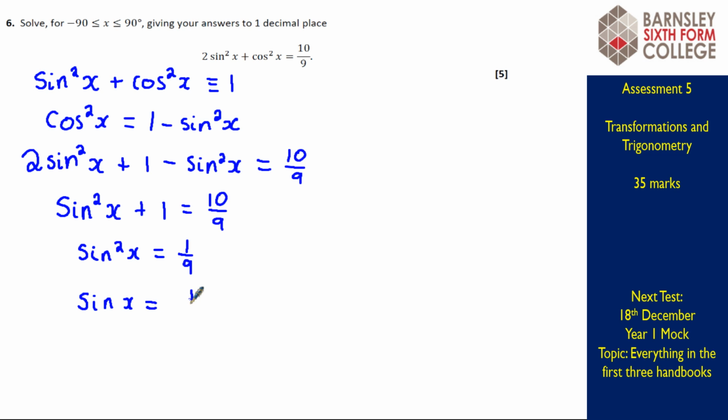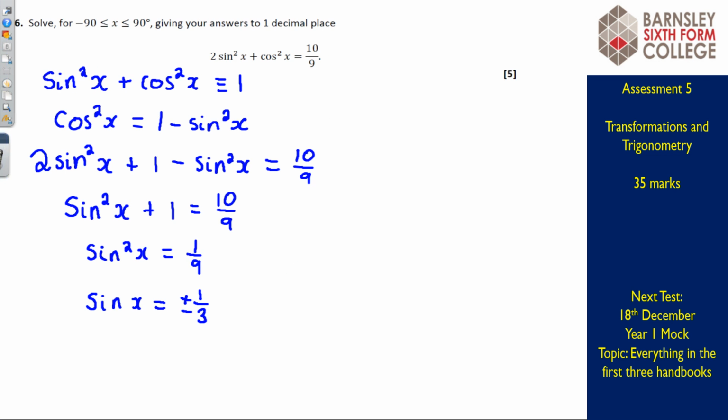And please remember, when you square root 1 over 9, you will get a positive and a negative solution, because minus 1 over 3 times minus 1 over 3, it does equal 1 over 9. I've seen people lose loads of marks over this over the course of this year. It's a really silly mistake. We need to stop doing this. Okay, you're losing marks that I know you can get.